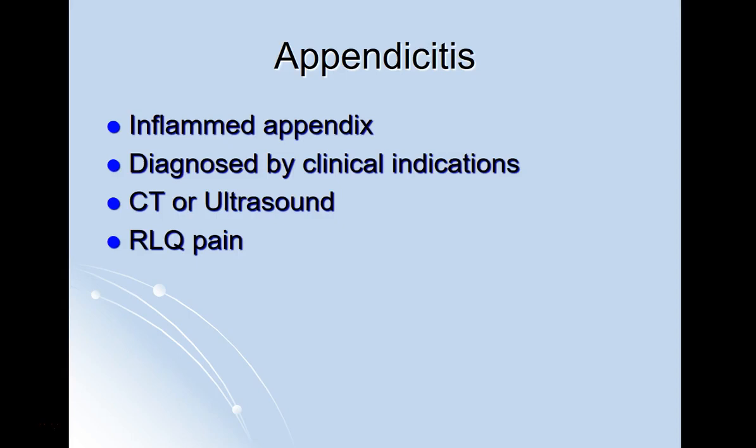Now, though, more commonly, patients will receive a CT scan, just to make sure they're diagnosing correctly before they take the patient into surgery. That CT scan will require oral or rectal contrast. And then for our peds patients, ultrasound is an option as well, so they don't have so much radiation dose. Generally, though, appendicitis is really pretty rare in pediatrics, but ultrasound is an option.